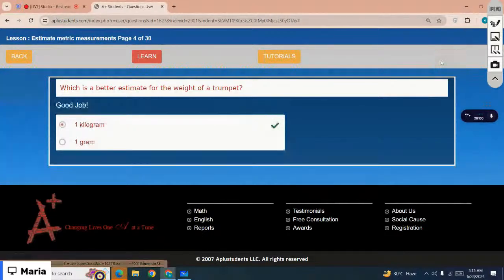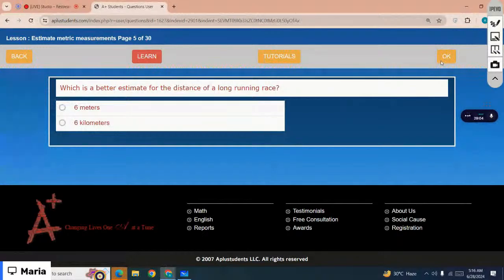Which is the better estimate for the distance of a long running race? Which is the correct option?